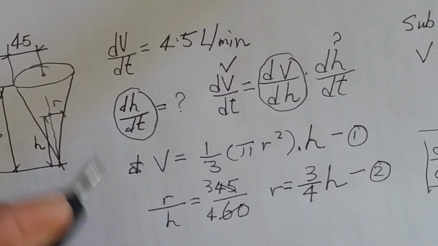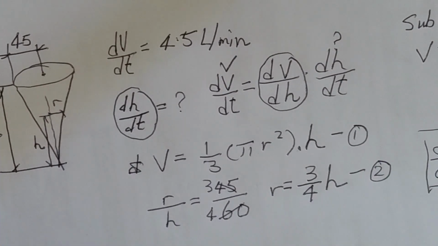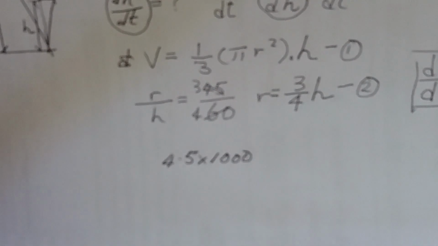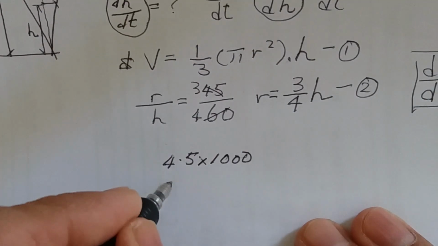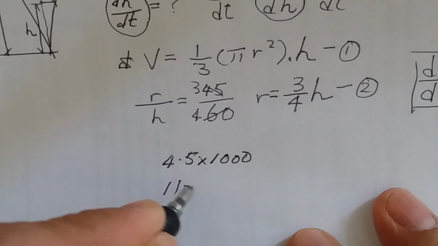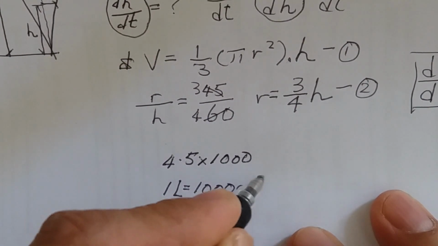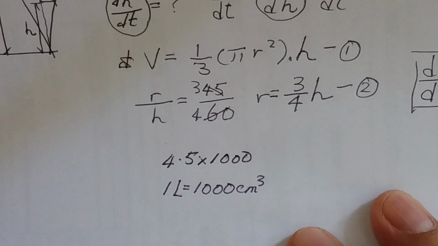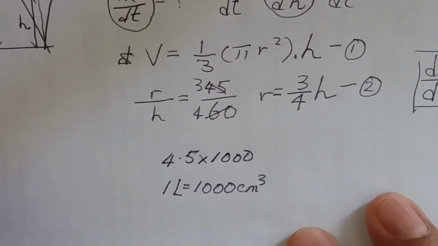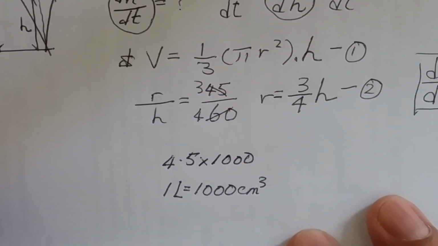Why do we need to multiply by 1,000? Remember 1 liter equals 1,000 cm cubed. Okay, so that's the reason why we need to multiply by 1,000.